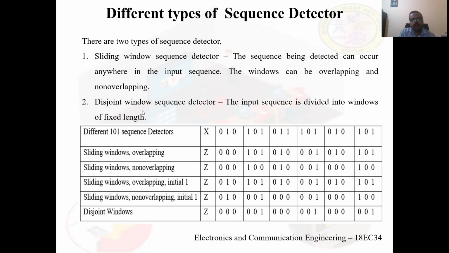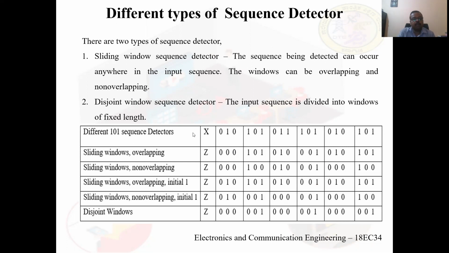The second type of sequence detector is the disjoint window sequence detector. In a disjoint window sequence detector, the input sequence is divided into windows of fixed length. In the table, we divided this input sequence into windows of length 3.